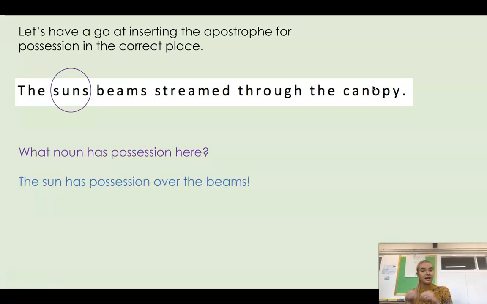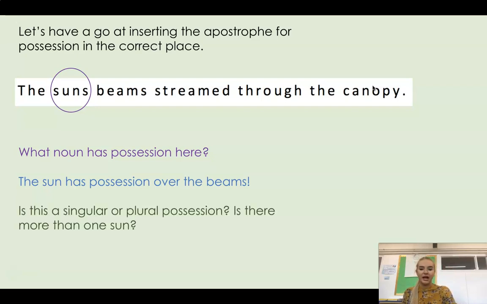It's the sun's beams. So we now know that we need to add an apostrophe somewhere in the word suns. But we don't know if it's a singular or plural apostrophe for possession. Is there one sun, or is there two suns, or three, or four? That's right, there's just one sun, isn't there? So it's a singular possession because there's just one sun.